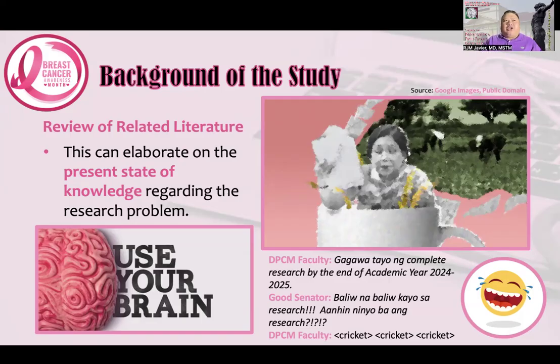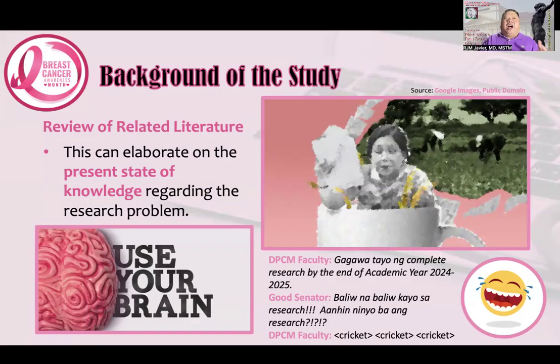So developing the topic by reviewing related literature would further strengthen why your research proposal is relevant and important. So you need to be very inquisitive. You need to be very critical. Whatever data that you put in your literature review, it has to be critically appraised.